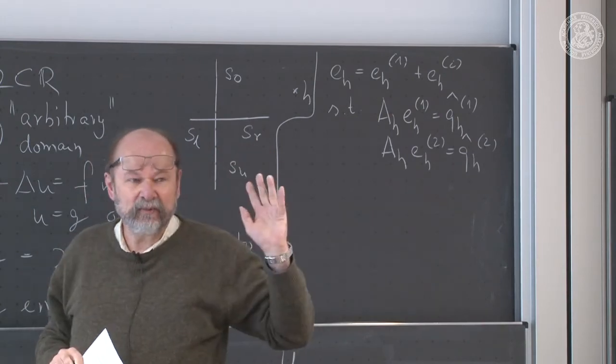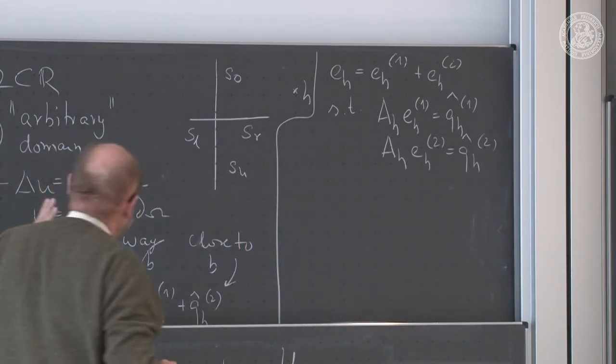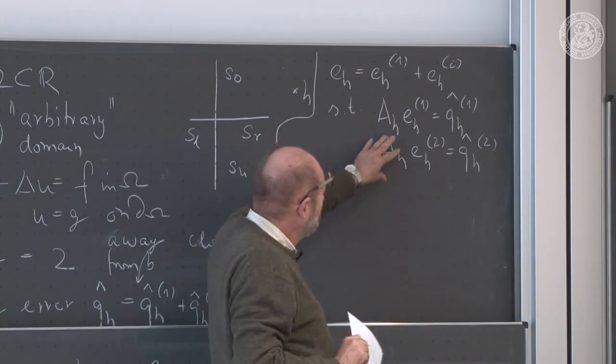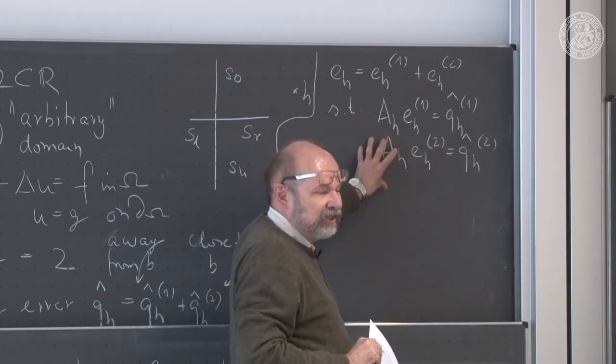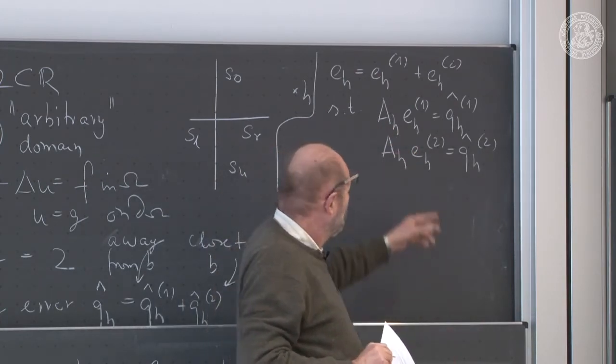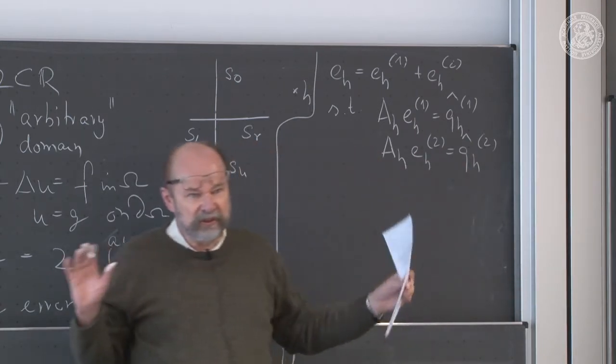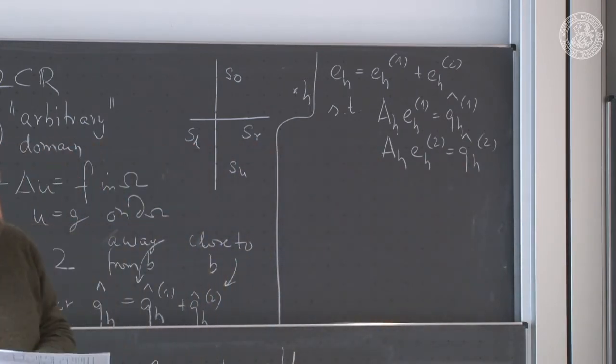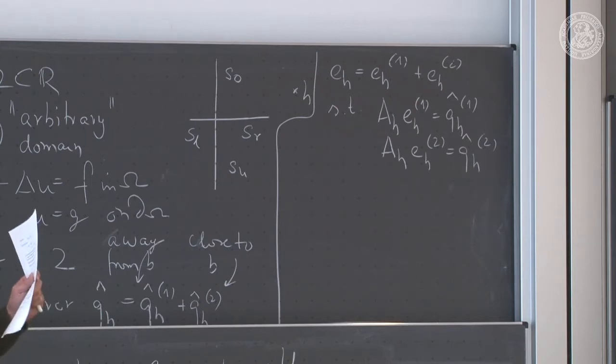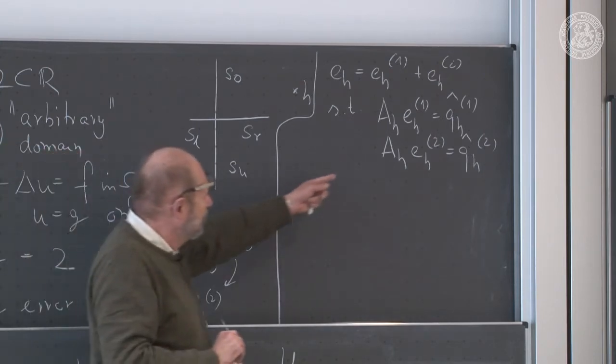Why is there some hope? Let's think a little bit about that. What is behind this AH? It's a discretization of a diffusion process. And what do we have here? We have a distributed source. This distributed source has the size h. This is too big. But the source is only distributed near the boundary. So let's think of a sort of diffusion of the error which occurs here. This is nothing but a discretized diffusion.